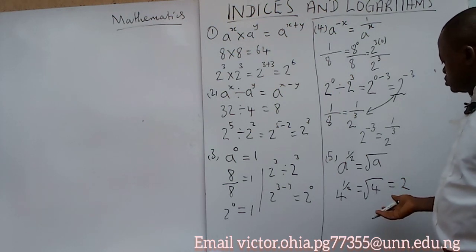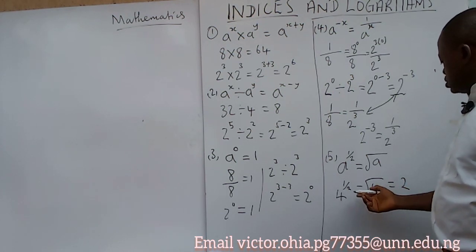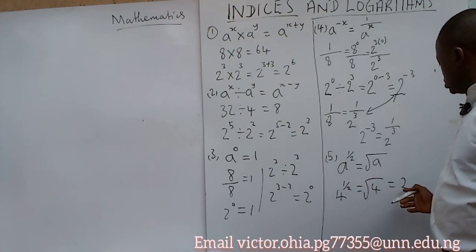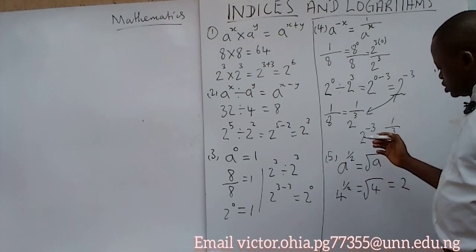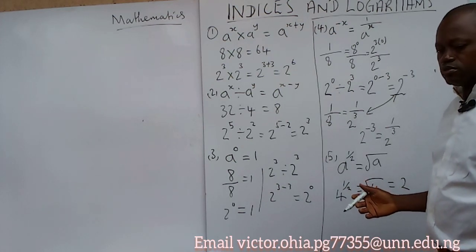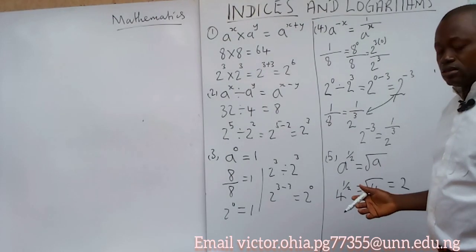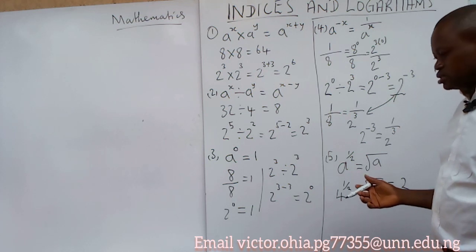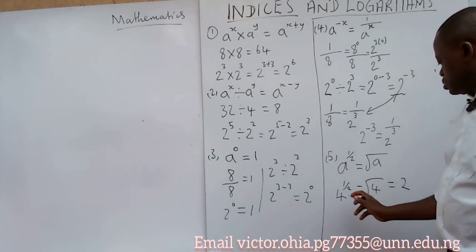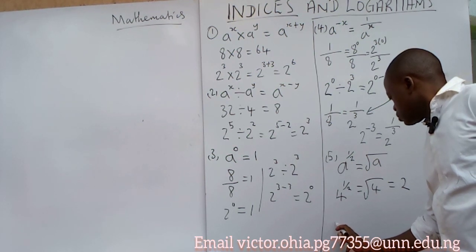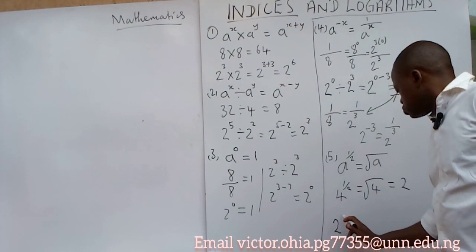How will I connect this half and this? Let me try the other way around, which I am a little bit more comfortable with, and I can say for certainty that this is appropriate. Can I write 4 as 2 raised to power 2?